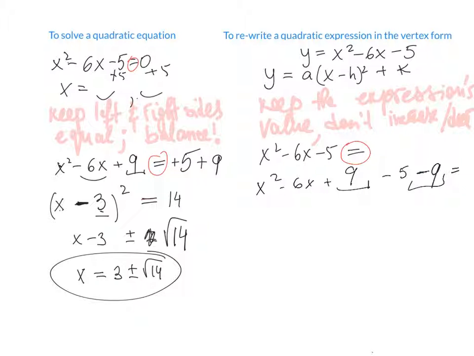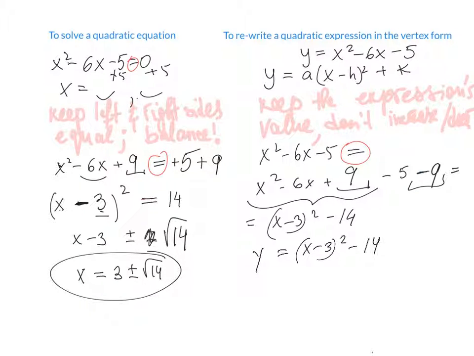So what happens now is this is my perfect square, x minus 3 squared, just as before, and I have this leftover minus 14. So now my original expression and this expression, they're equivalent. They're the same value. Or I can just write my answer in the final vertex form. Just to mention, the point of it is to see the vertex of this parabola.